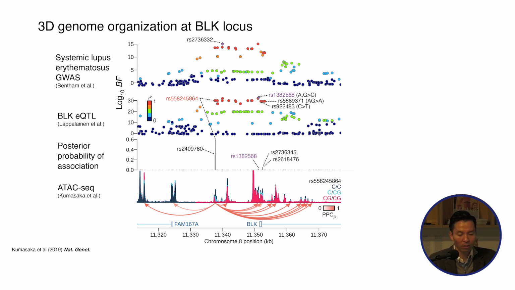And this SNP is found in the middle of a chromatin accessibility peak, and we've discovered that this peak is actually positively interacting with other regions at the BLK side and negatively interacting with the FAM167A side.